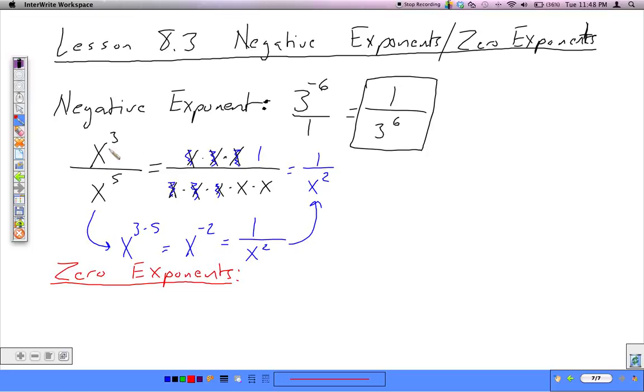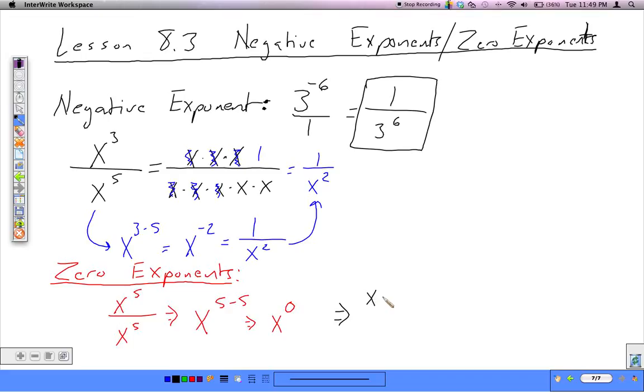If we looked at the 0 exponent as x to the 5th over x to the 5th, the shortcut to this would say that 5 minus 5 would become x to the 0. Now, if we draw this out and map this out the long way, let me move the long version over here.